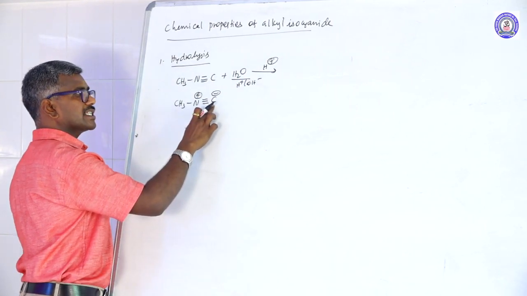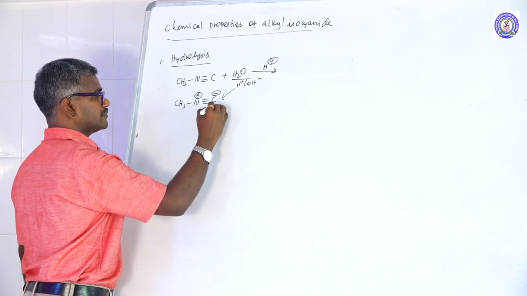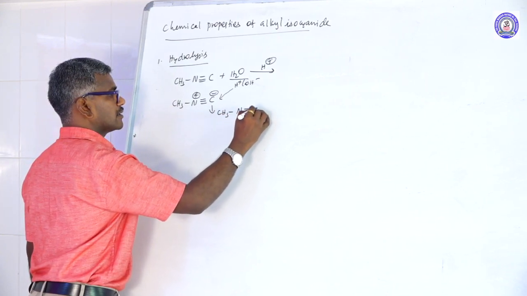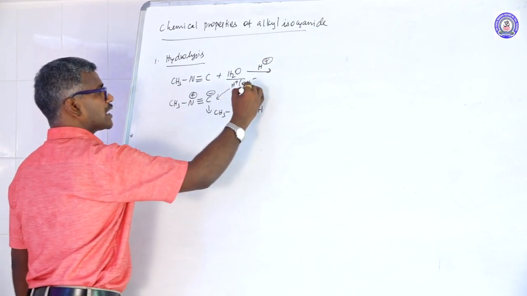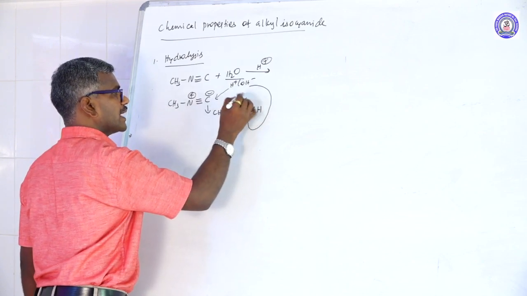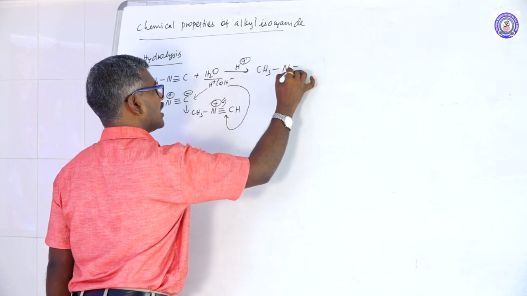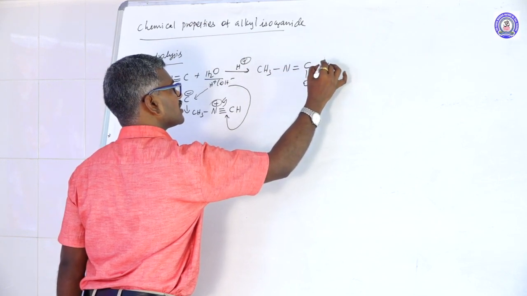Here the carbon, an electron-rich species, is able to attract the hydrogen to form CH3N+≡CH. Next, attack by the nucleophile occurs at the carbon, and the OH is attached, to form CH3N=C(OH)H.